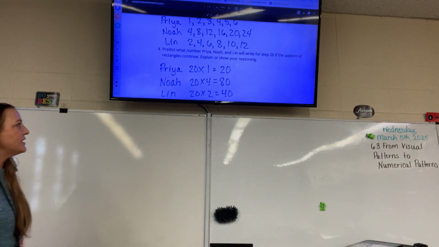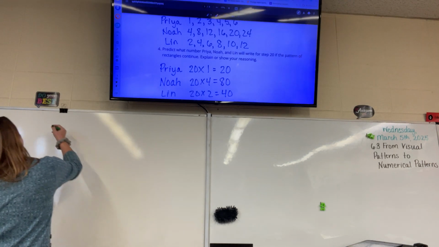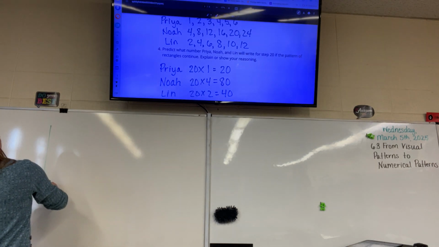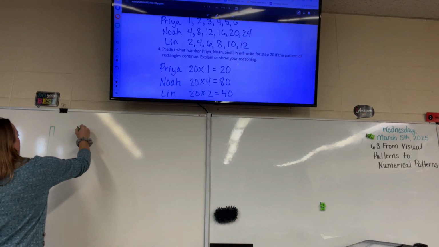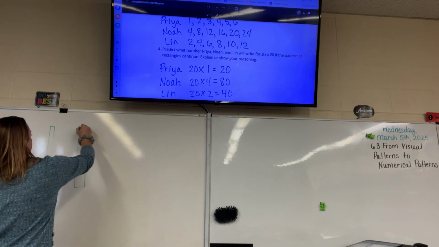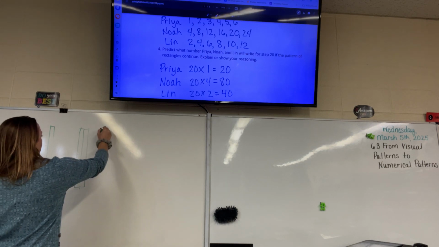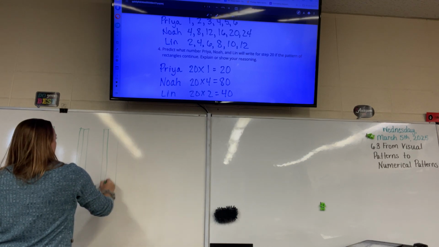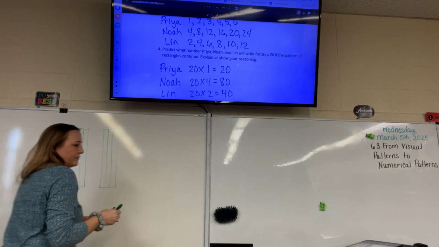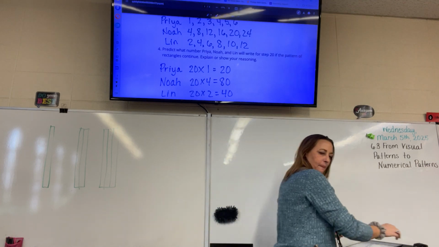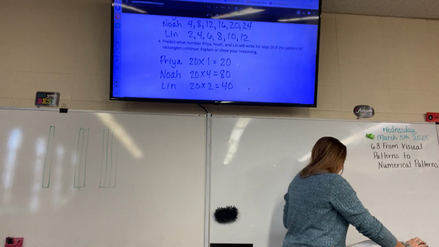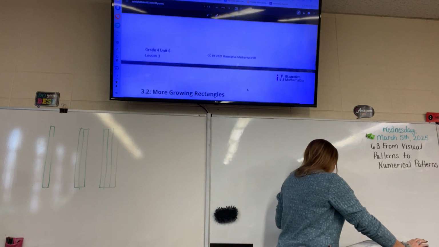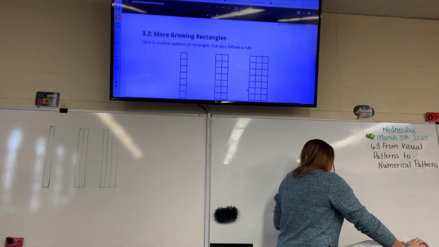Okay, on the next page, we have vertical columns. More growing rectangles.